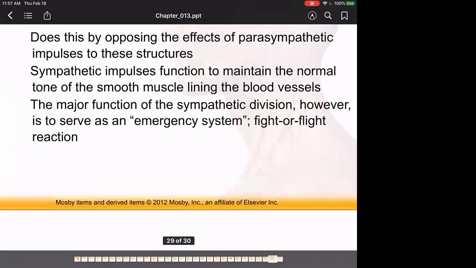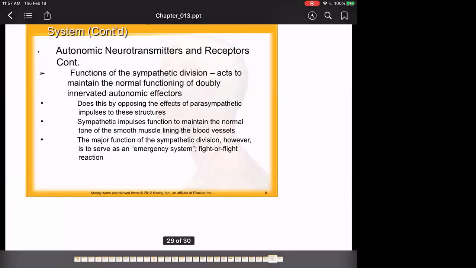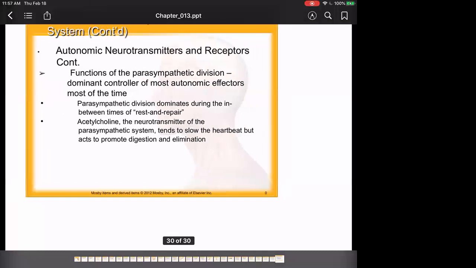Major function is sympathetic division, fight or flight. Sympathetic, fight or flight. Parasympathetic, rest and digest. Yeah, that's it.